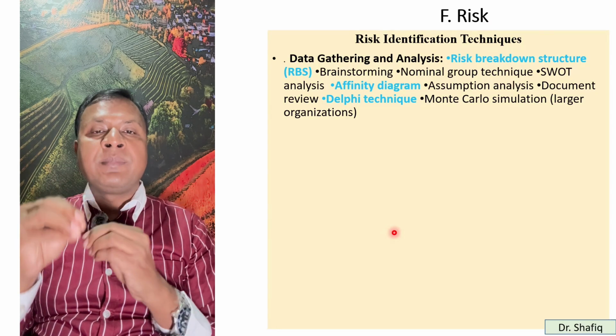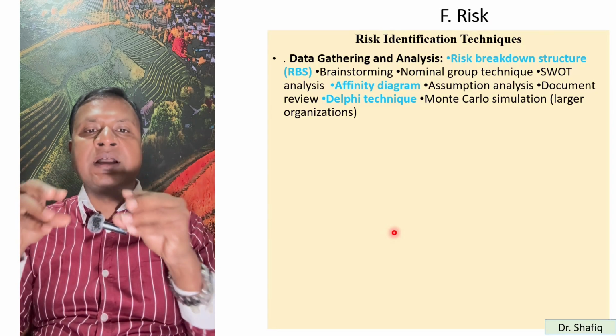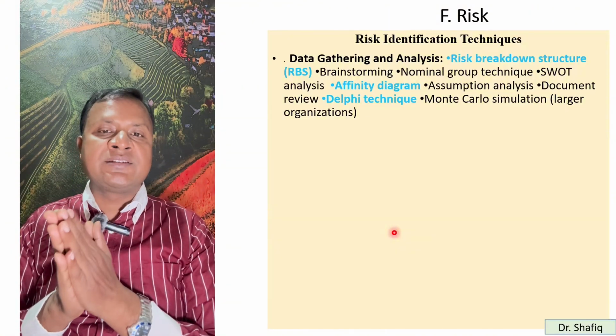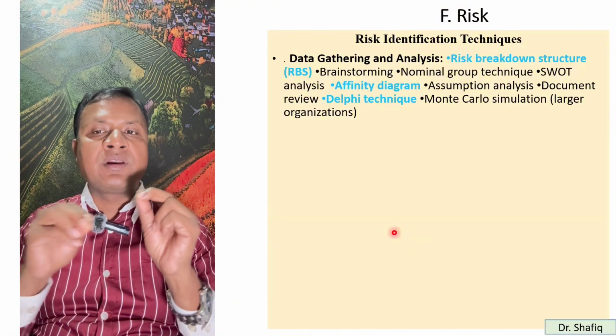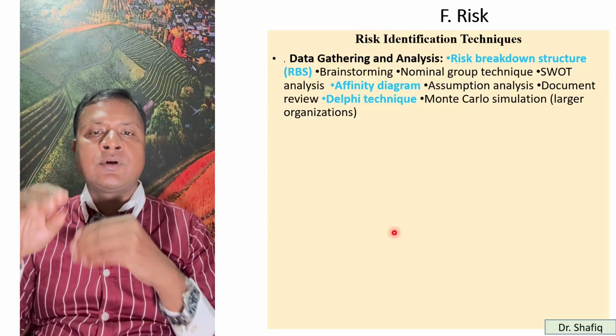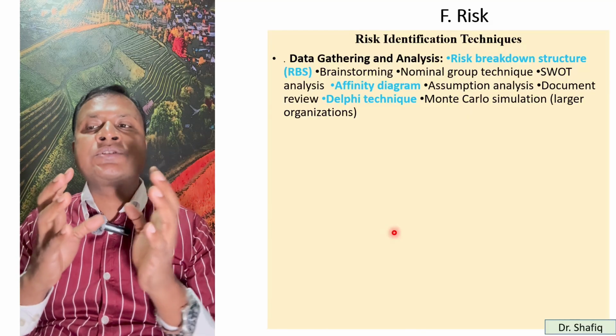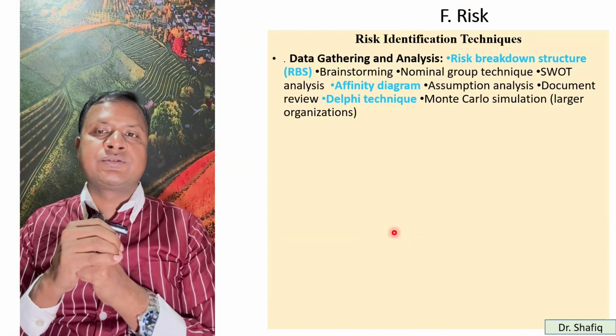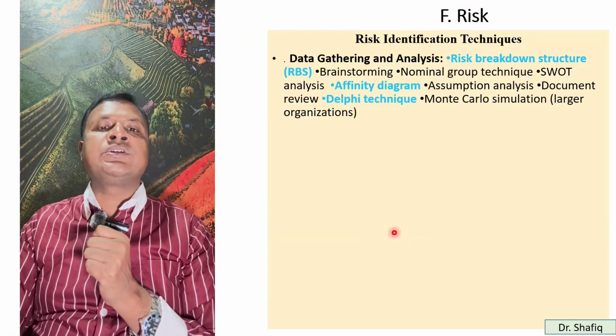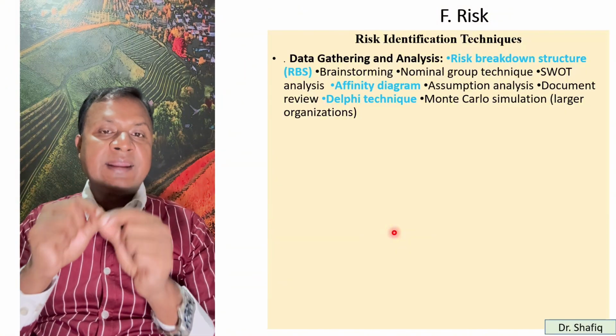And we can make an affinity diagram to show the stories, or assumption analysis. We can do a document review or Delphi technique of expert opinions. We can do a Monte Carlo simulation for larger organizations. These are examples of how we can collect the data and analyze them.